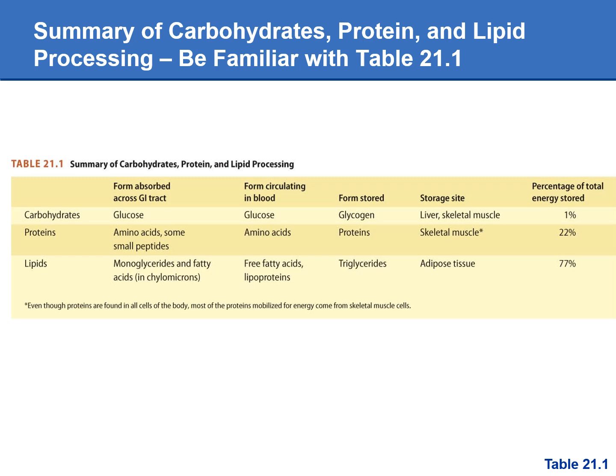This is a really nice table from your book. This is from chapter 21, table 21.1, and it shows the three different nutrients from the diet and how they're absorbed across the GI tract, how they're transported in the blood, how they're stored in the body, where they're stored, and the percentage of the total energy that's stored in the body.